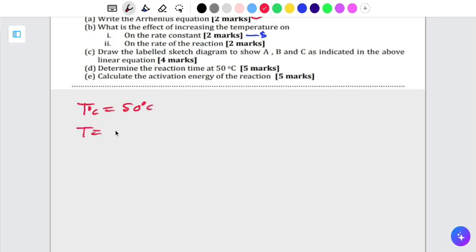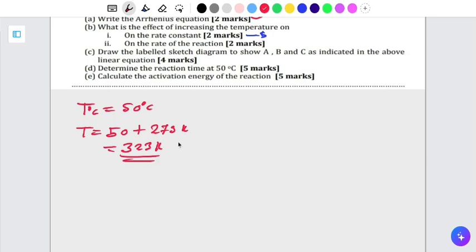You just need to add the absolute zero temperature. The absolute zero temperature is 273 kelvins. Then if I add, what am I going to get here? So I'm going to get 323 kelvins as my temperature.